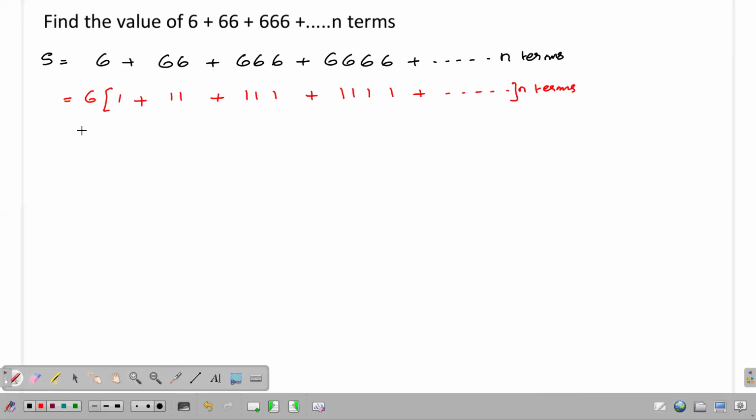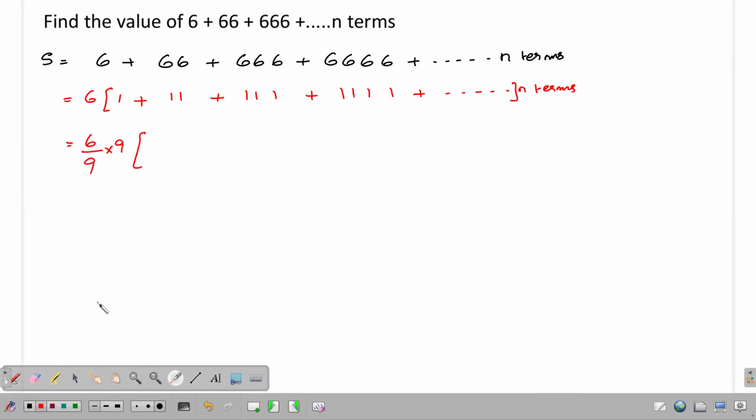Now, still I'm not in a position to express it as a geometric progression. So you know what I am doing? I am dividing this 6 by 9 and multiplying at the same time by 9. When I'm dividing and multiplying with the same number, the value will not change.